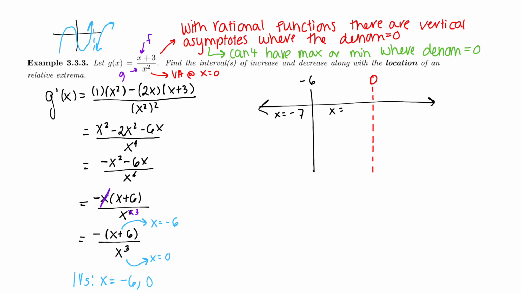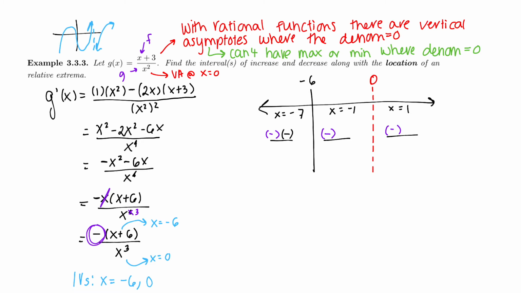So I'll choose some test values. And I'm plugging them into this function, keeping in mind there is a negative out here. So these are all going to be fractions, but because of this negative right here, these are all going to have a negative in front of them. Negative 7 plus 6 is negative.